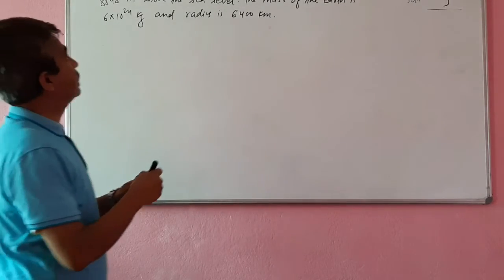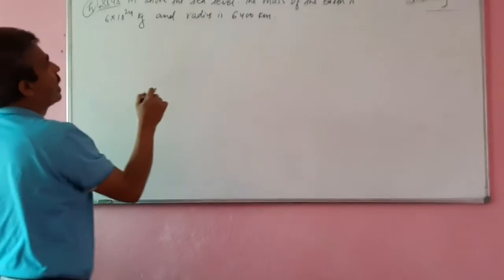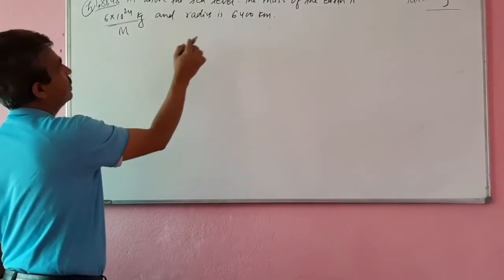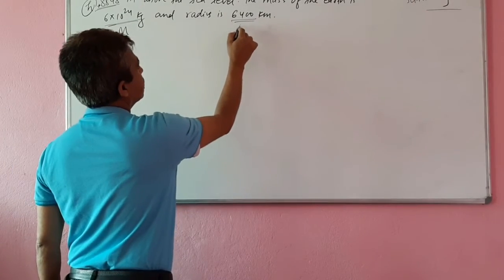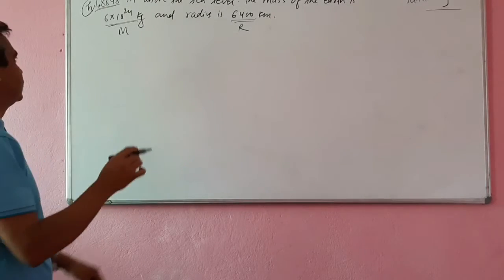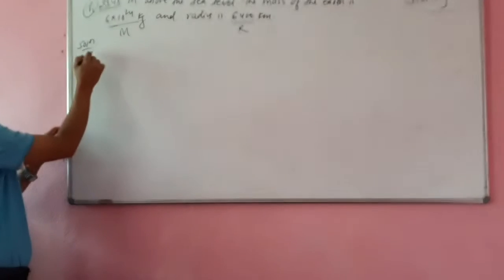As usual, first we will see: top of Mount Everest, which is 8848 meter, means this is height, altitude, and 6 times 10 to the power 24 kg is capital M, 6400 kilometer is capital R. When you identify, it will be easy. Solution.